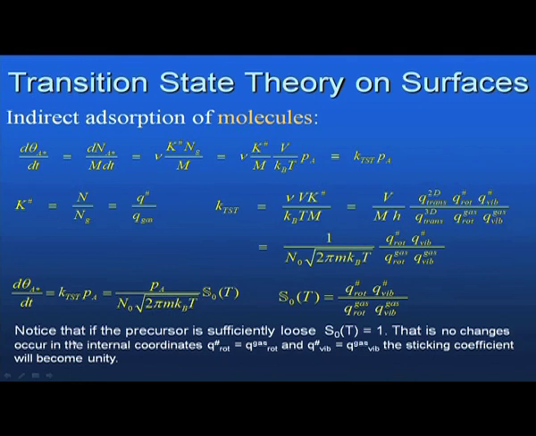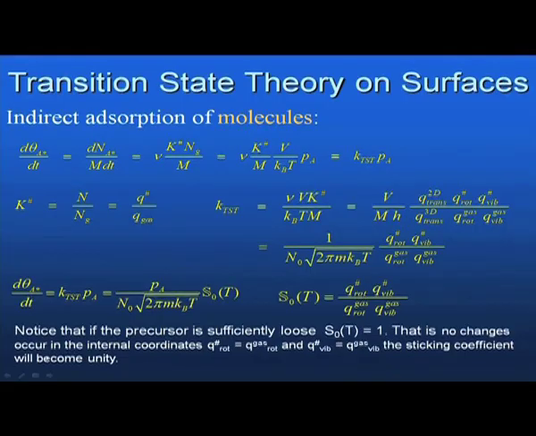Notice that if the precursor is sufficiently loose, meaning it is not sticking very much onto the surface, that is, no change occurs in the internal coordinates, then the sticking coefficient will be very close to unity.